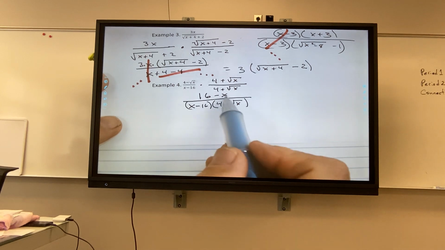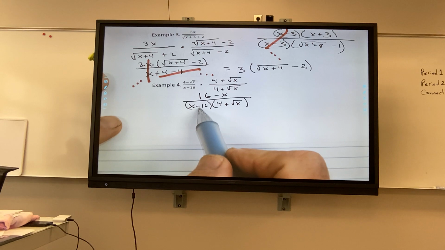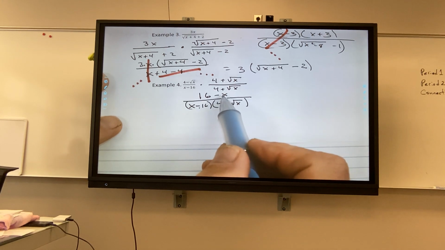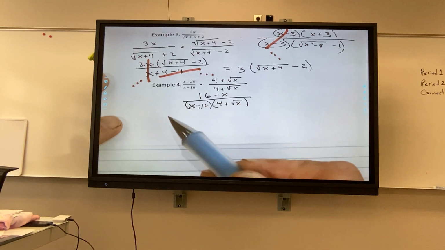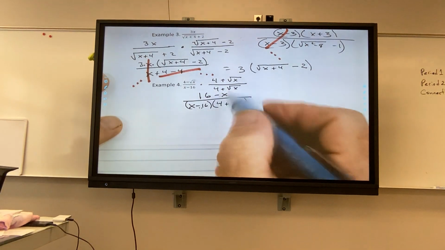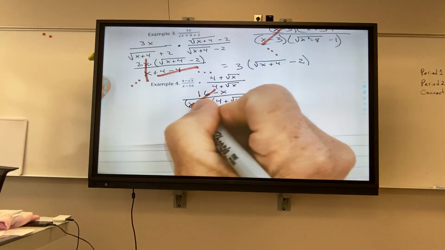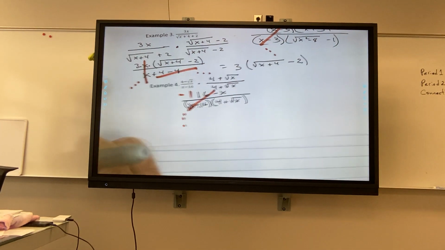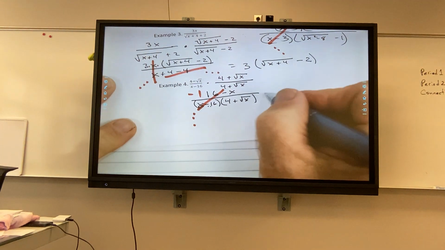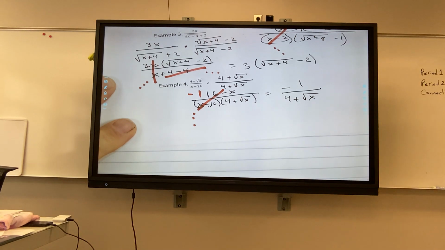If I put a 1 in here and put a 1 in here, I'd get 15 over a negative 15, correct? If I put 0 here and 0 here, I'd have 16 over a negative 16. And if I factor out -1, it would reverse this, so I can do this, and put a -1 there, okay? So my answer here is -1 over 4 plus the square root of x. Okay?